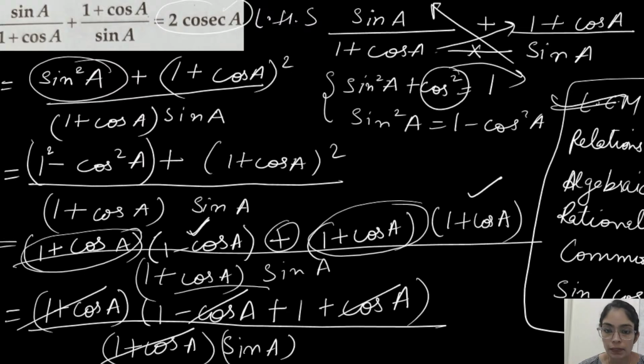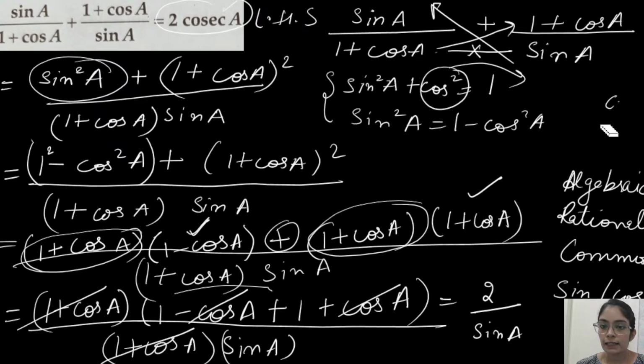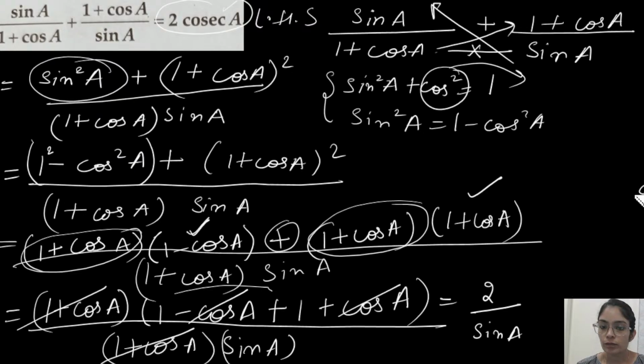So here 1 plus 1, which is equal to 2, and in the denominator we have sin A. So I have got 2 by sin A now.